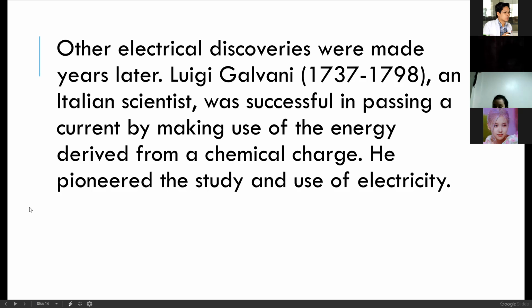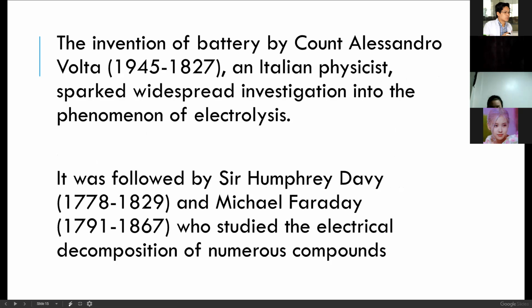So he actually had experiments on the alternating current and the direct current. Alternating means AC, your corriente, the regular current, and the DC or direct current, which is your battery. The invention of the battery was by Count Alessandro Volta, around 1745 to 1827.